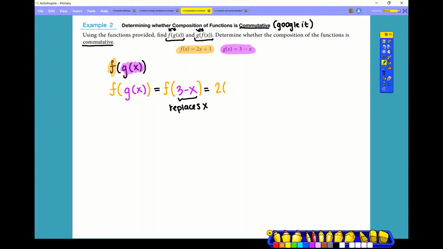That's usually my go-to notation. So my x is now what's in here, 3 minus x, plus 1. Notice that this was x from our original f of x. So now that's going to give me 2 times 3 is 6 minus 2x plus 1, which is going to give me minus 2x plus 7.